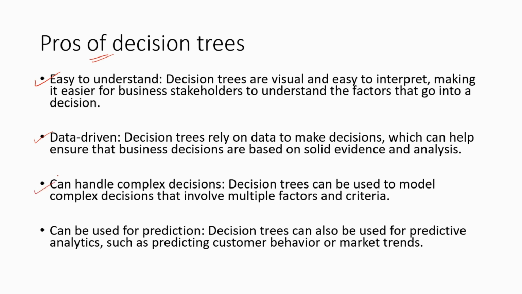Can handle complex decisions. Decision trees can be used to model complex decisions that involve multiple factors and criteria. Can be used for prediction. Decision trees can also be used for predictive analytics, such as predicting customer behavior or market trends.